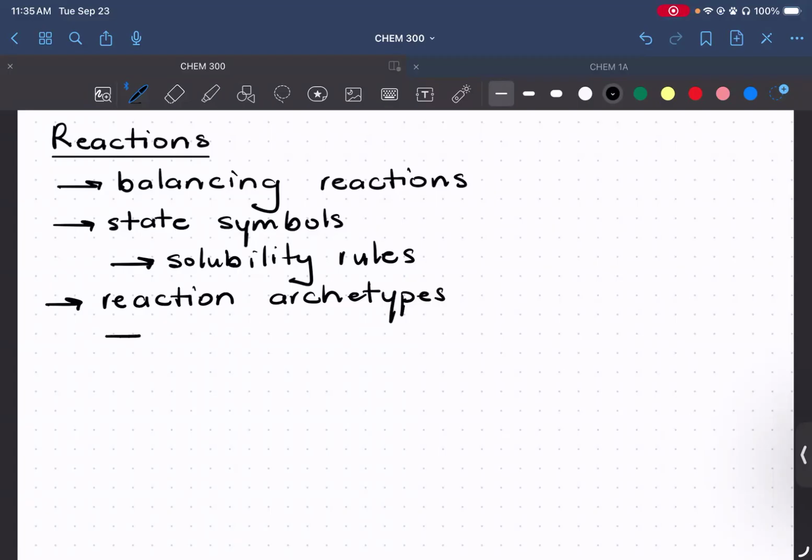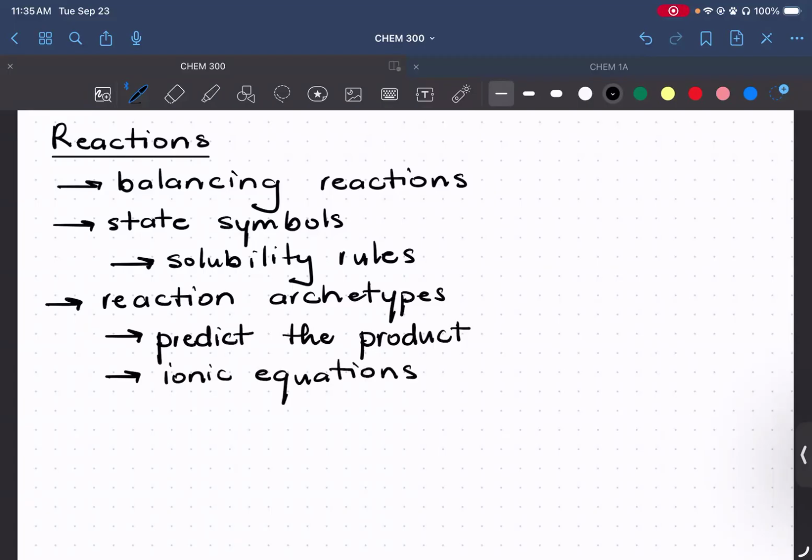And if we have time today, we will start the concept of predicting products. I don't expect us to be able to get to this particular topic today, but just in case we do, after predicting products, we'll also talk a little bit about ionic equations. So this just gives you an outline of the topics that we're going to be spending a lot of time on over the next 2 lectures and lab on Friday.